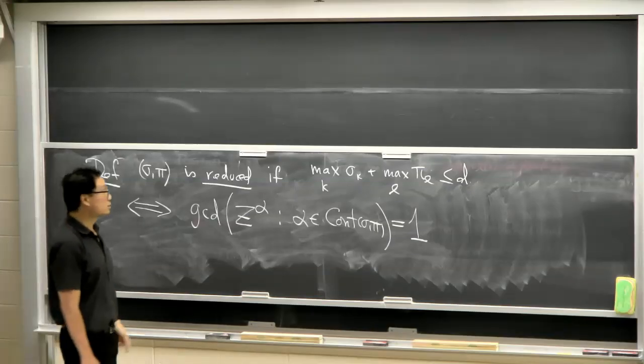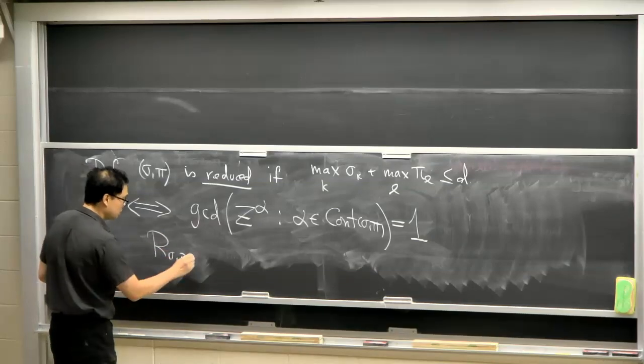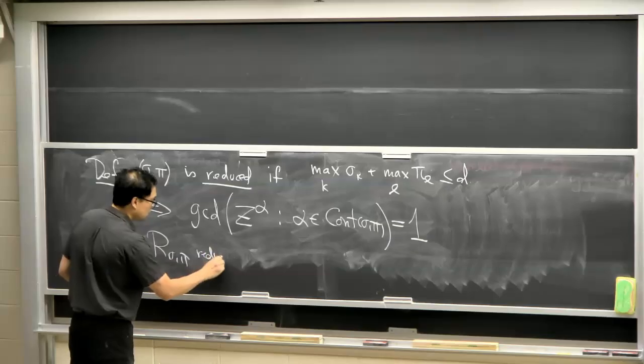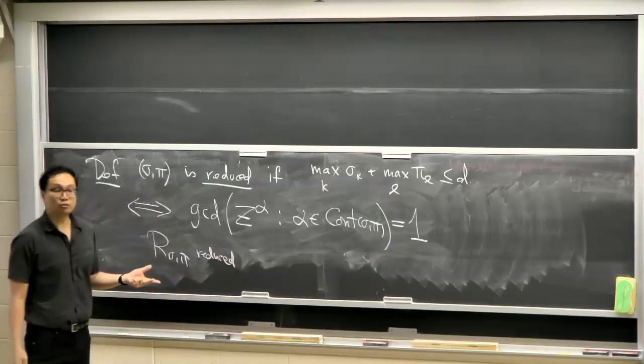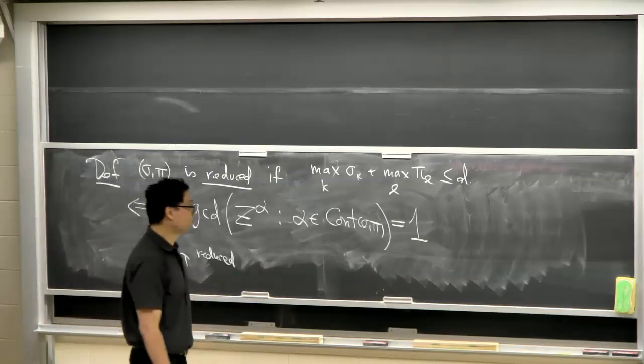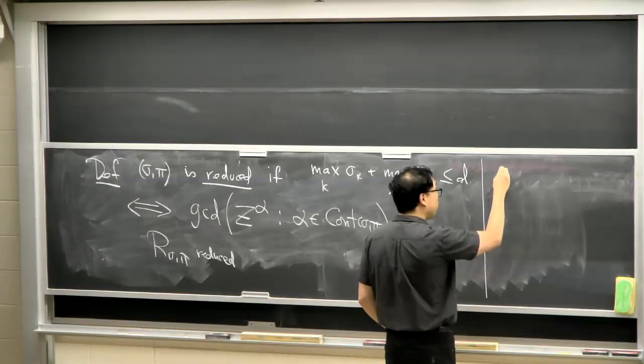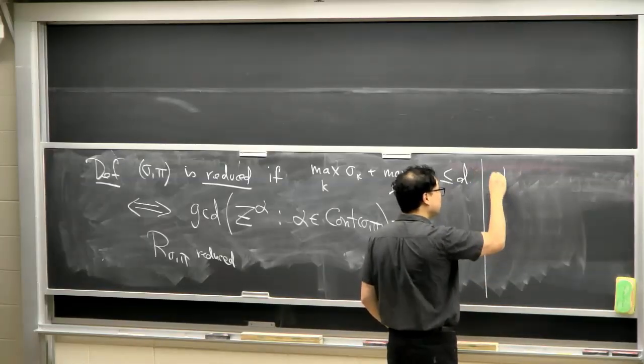So in that sense, R sigma pi reduced has a primitivity to it. It really is saying that you're co-prime among the monomials. So therefore, you can play the following game.